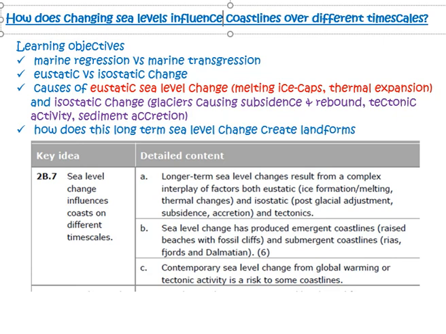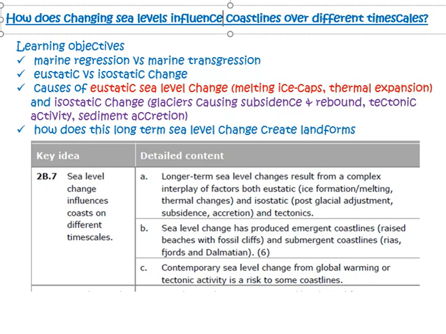One quadrant represented the depositional coastline, which would be advancing, and then there were 2 which probably fried your brain a little bit. One was a submergent coast and one was an emergent coast. Alright, so think emerging, land is popping up out of the water. Submergent is it's being drowned. So marine regression is where the sea level drops and produces an emergent coast. So land is being created.